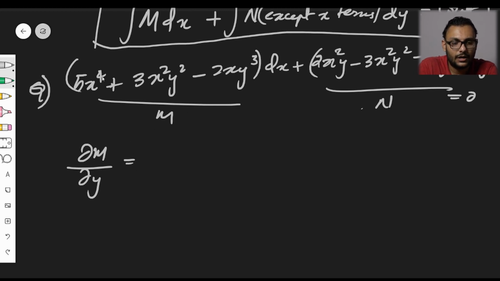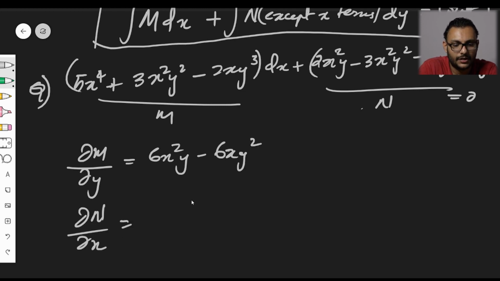So the partial derivative of M with respect to y will be given as: this will become 0, this will become 6x^2y, minus this will become 6xy^2. And the partial derivative of N with respect to x will be given as: sorry, I think there is a mistake, this is x cube, so this will become 6x^2y, minus 6xy^2.